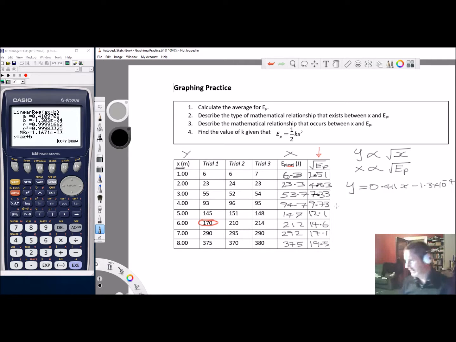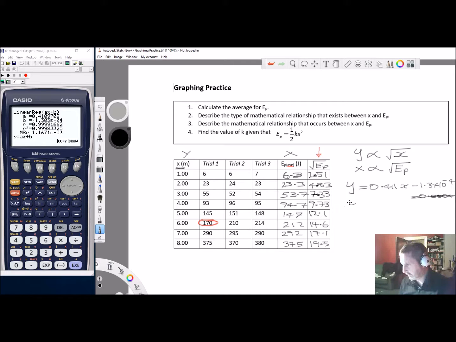Okay, so let's just simplify that. This number here is, to all intents and purposes, a very, very small number, and we can just approximate our intercept here to 0.